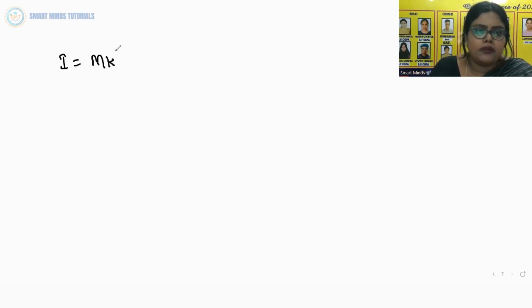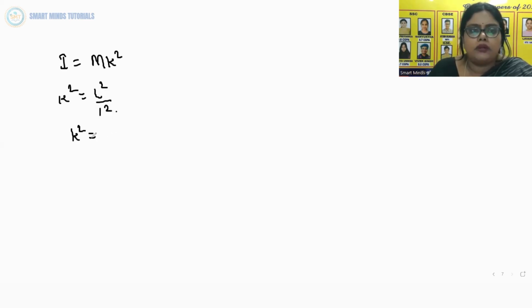Now you see from the table, you can notice that in all the cases, we can write I equal to MK square, where K has the dimension of length. So for a rod about the perpendicular axis at its midpoint, K square is equal to L square by 12, that is K is equal to L by root 12.